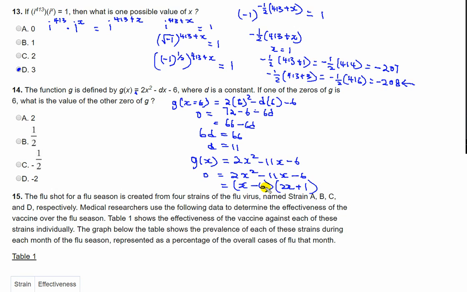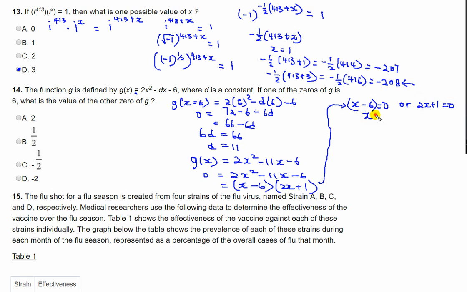If you factorize, you will get this. Now, if this equals 0, therefore x minus 6 equal to 0, or 2x plus 1 equal to 0.